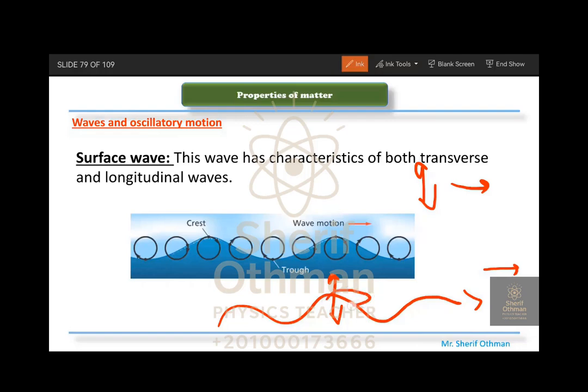So they vibrate in a circular path, which is forward and backward along the direction of transferring energy. So the surface wave has the characteristics of both transverse wave, up and down, and also something similar to circular motion, which is forward and backward. So the surface wave is a wave that has characteristics of both transverse and longitudinal wave.